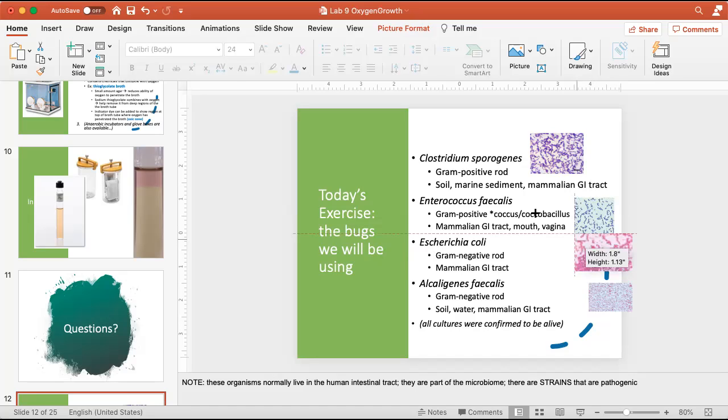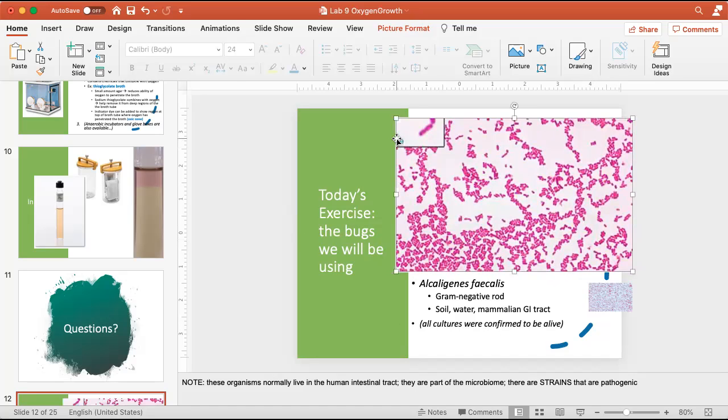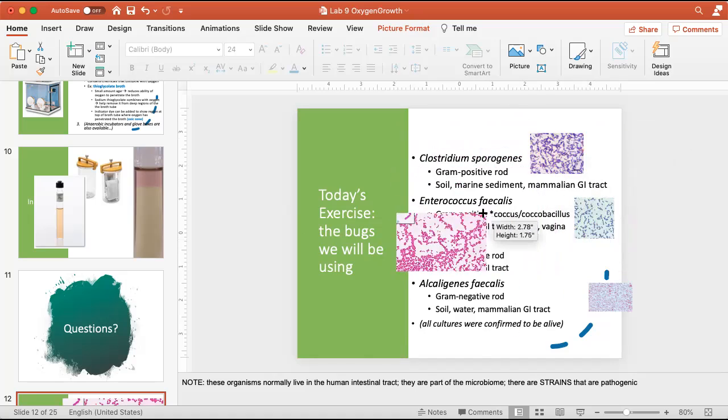You've seen E. coli before, but here's another slide with E. coli on them. This is only 40x, so it's a little bit hard to see, but it's very clearly gram-negative. You can see 1, 2, 3 of the rods magnified right here. Remember, E. coli are rods, but they're stubby little rods. They're short compared to most other rods.